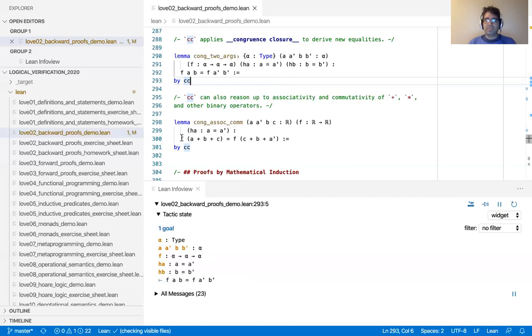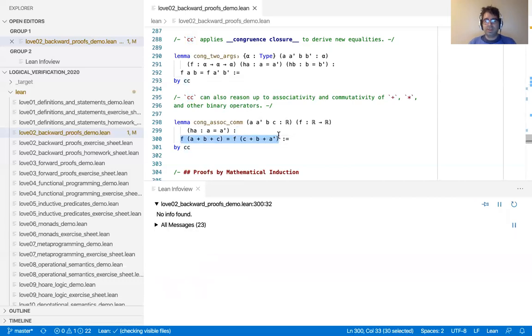So if you have a goal that looks like this, with a, b, c, c, b, a', it doesn't matter in which order the arguments to the pluses are. And just like in the previous example, it exploits any equalities that are around. So the congruence closure is up to AC, associativity and commutativity, which makes it quite powerful.